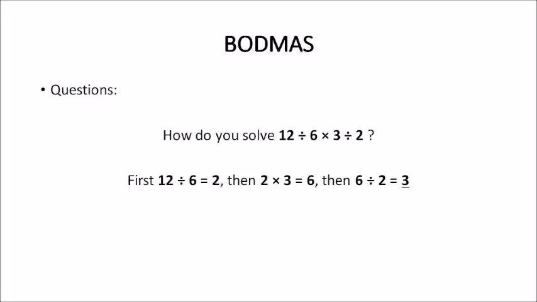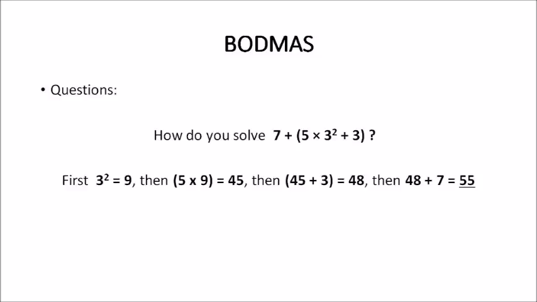Now in this question, how do you solve 7 plus bracket 5 multiplied by 3 squared plus 3? Now BODMAS says you need to start with brackets first, but I think it'll be easier in this case if we do the order first. Doesn't it make sense?